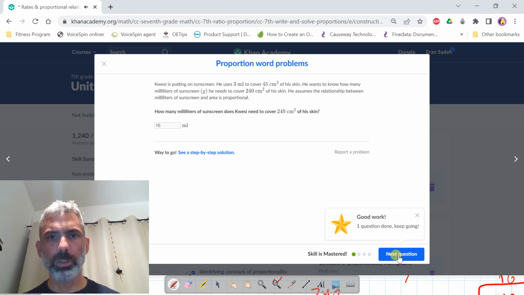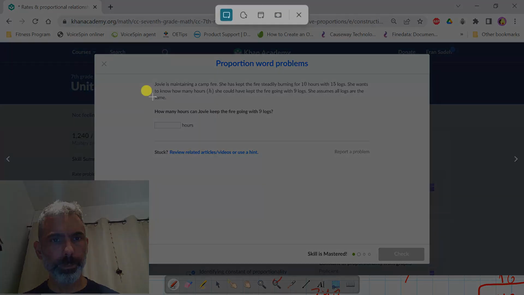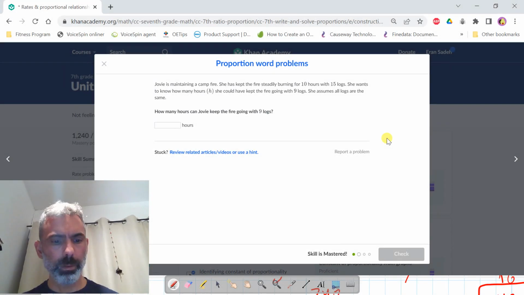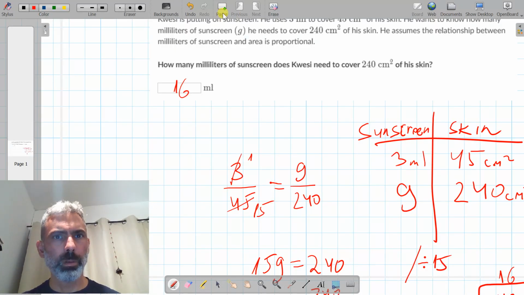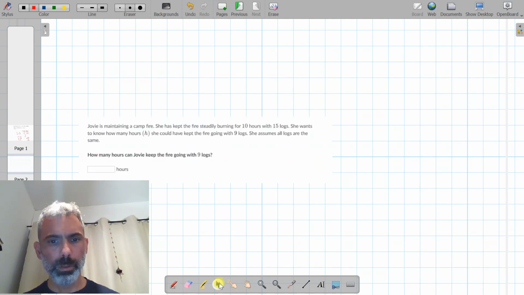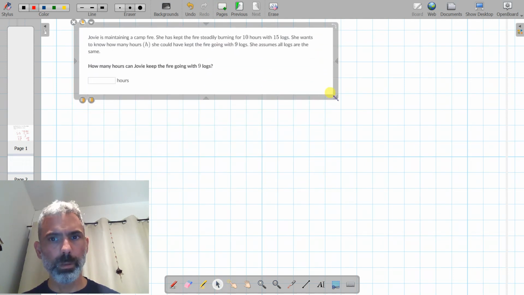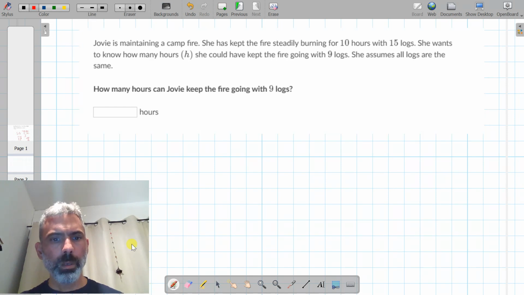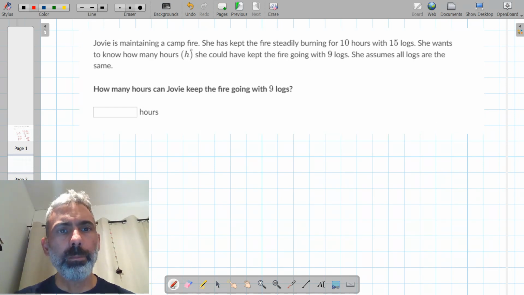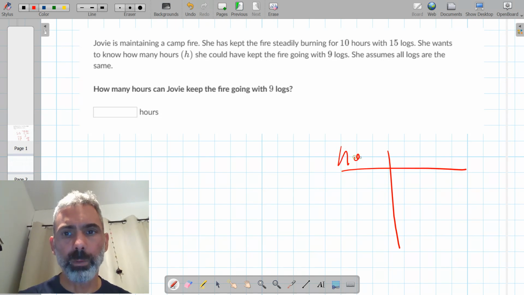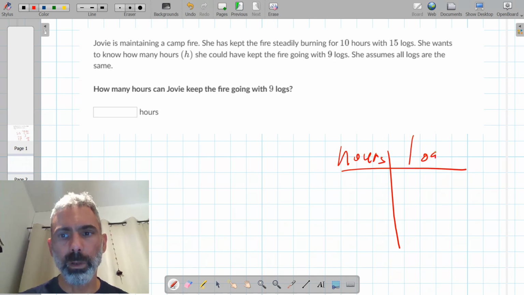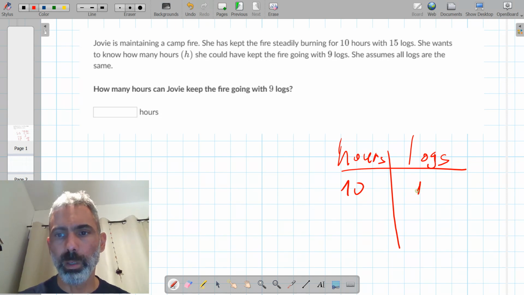Good. Next question. Jovi is maintaining a campfire. She has kept the fire steadily burning for 10 hours. Okay, so we have hours and we have logs. 10 hours, she kept it with 15 logs.